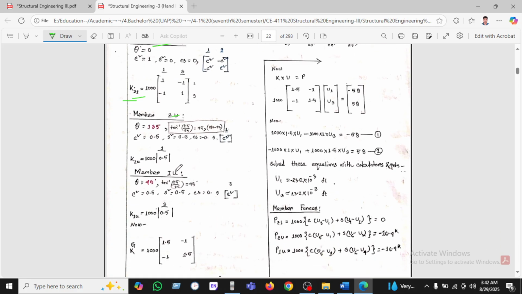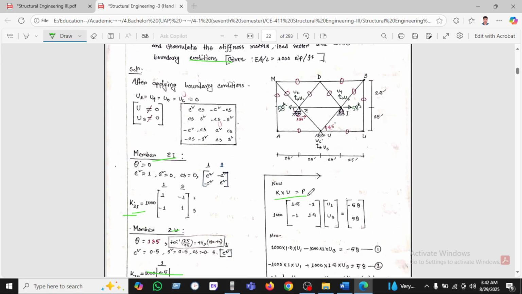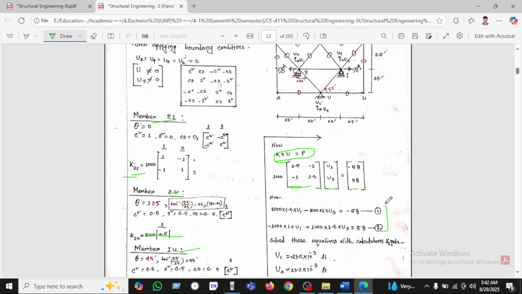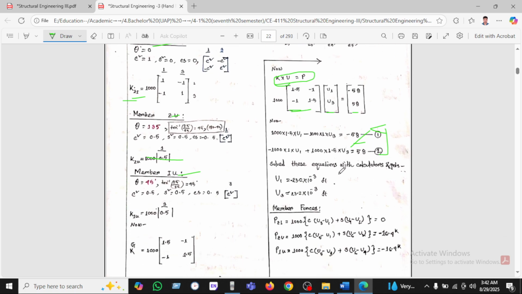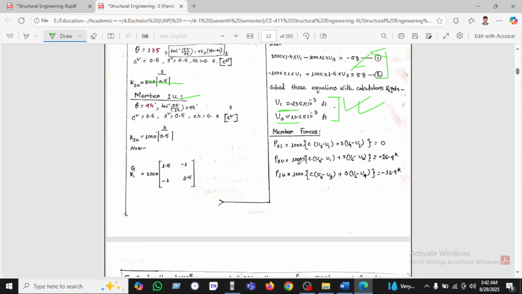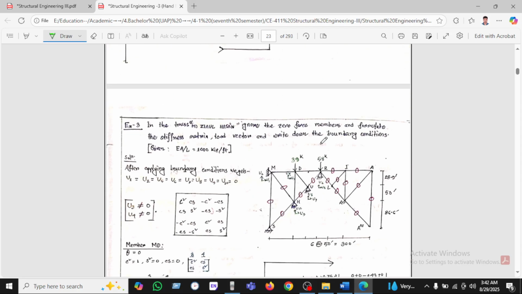After all these members we use K into delta. After putting in and solving this equation, we will find the displacements U1 and U3 and the member forces also.